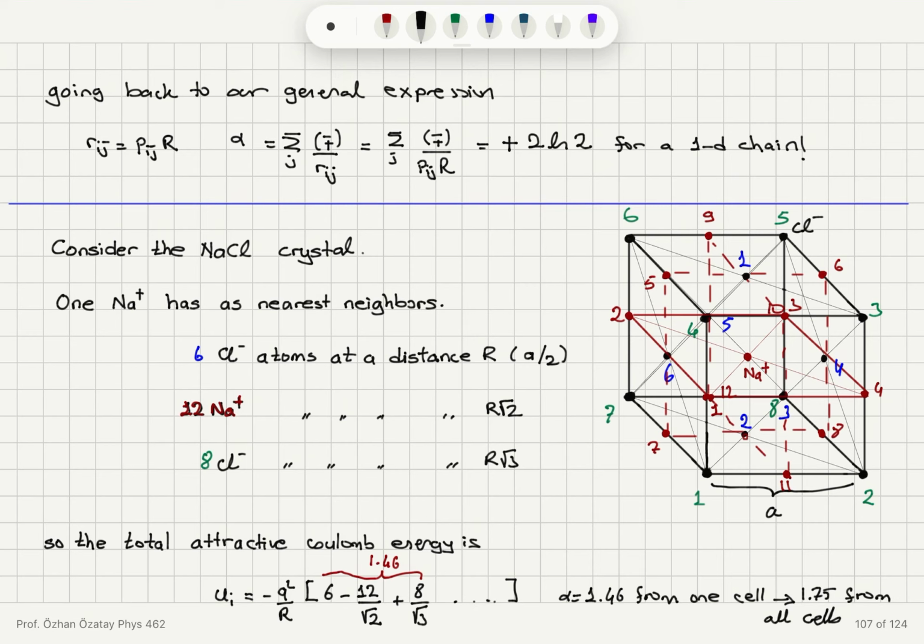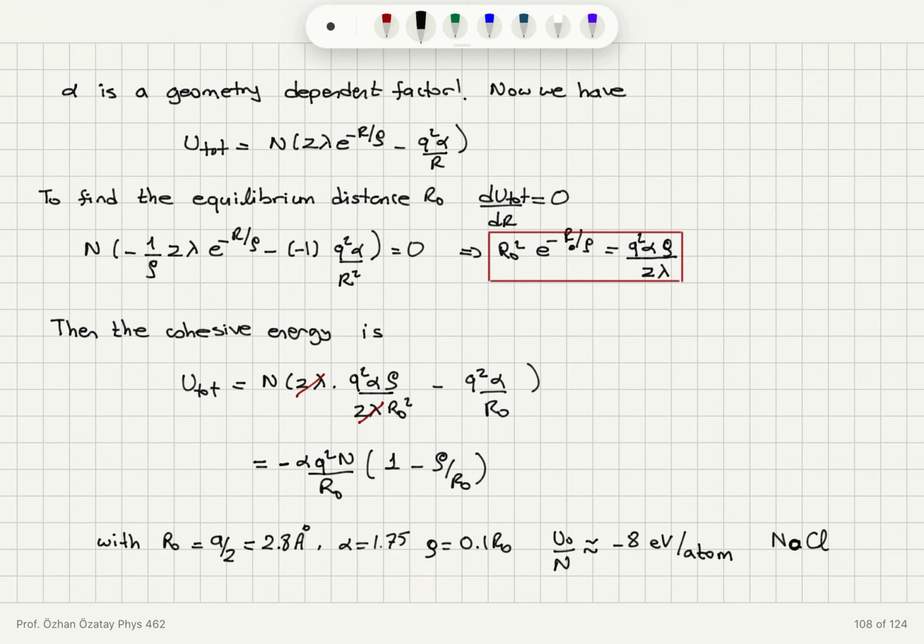With that we can obtain the Madelung constant contribution from one cell, and when we include the fourth nearest neighbor, fifth nearest neighbor, etc., we actually obtain 1.75. So this is quite close.